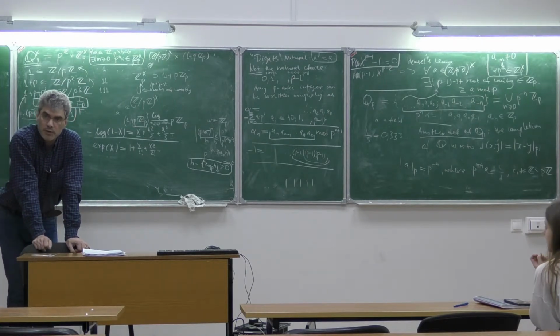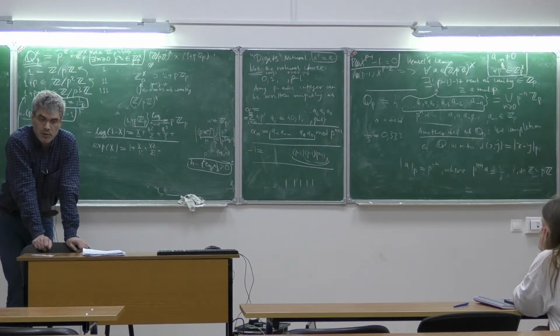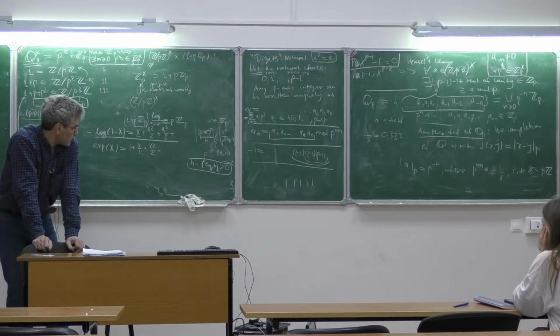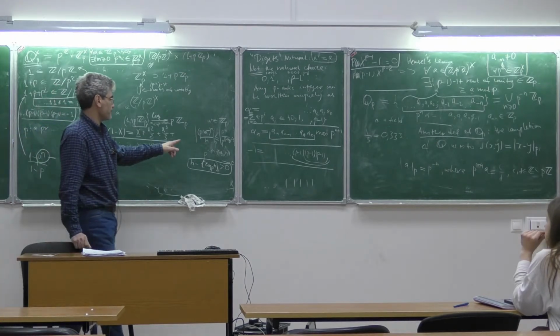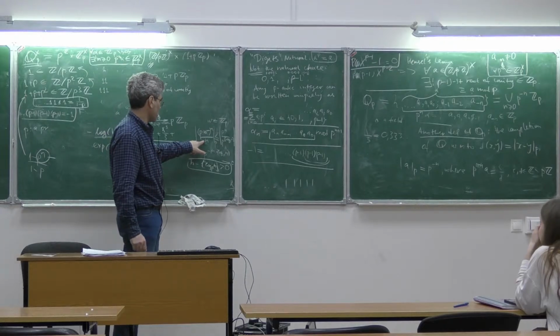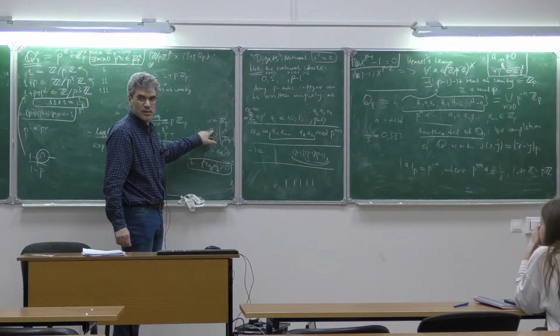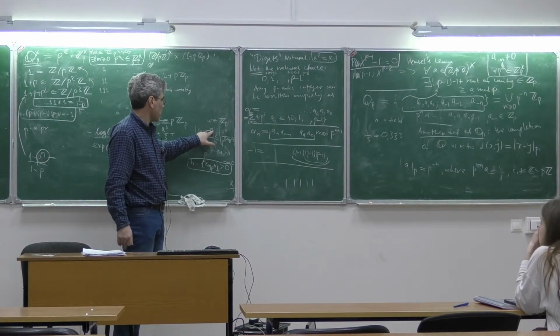Yeah. So you want to take the p power, yeah? Yeah, you're right, because this gives us the minimal possible n with the same power of p dividing it.